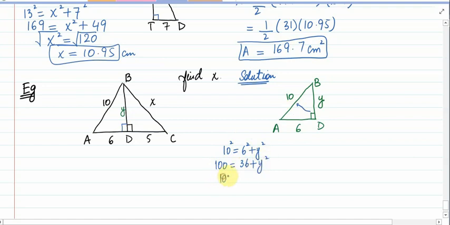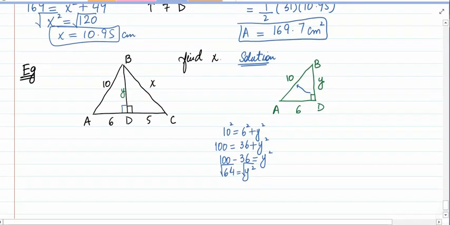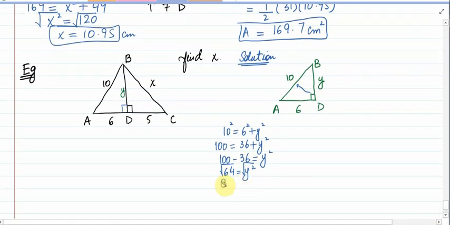So it will be 100 minus 36 on the left side equal to y square. 100 minus 36, it will be 64, right? So 64 is equals to y square. Now you need to apply root to cancel the square sign. So root of 64 is 8 is equals to y.